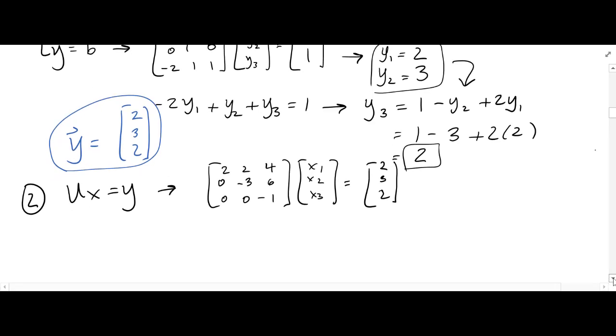So I guess we're doing backward substitution in this case, so the last equation gives us negative x3 equals 2, so x3 is negative 2.